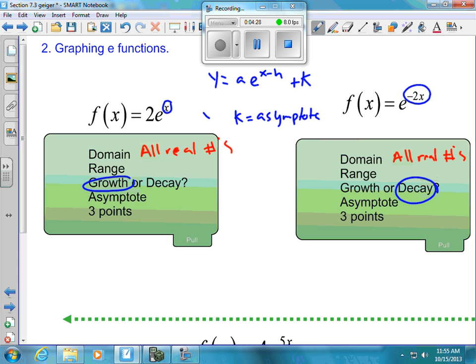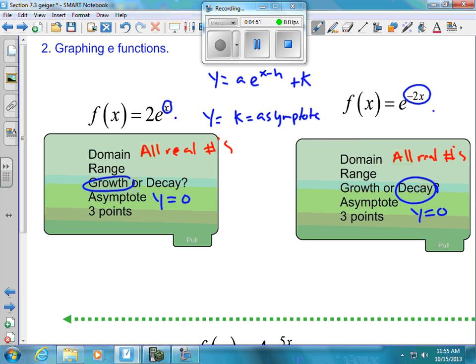So we would say y equals k, which is the asymptote line. In these two functions, is there anything being added or subtracted from e to whatever power we have? And the answer is obviously no. So our asymptote line is y equals 0 for both of these. That is going to change when we go to the next slide.